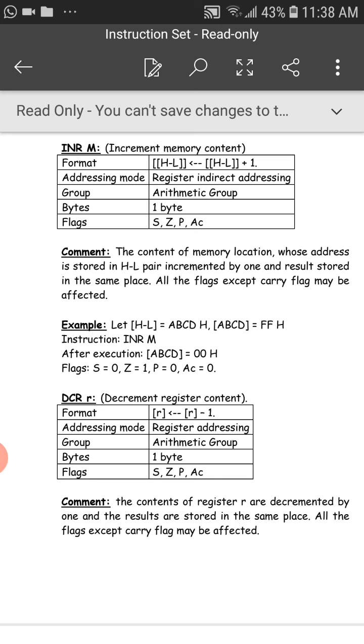This is an arithmetic group instruction. It is a 1 byte instruction and flags affected are sign flag, Z flag, parity flag and auxiliary carry flag. The content of the memory location whose address is stored in the HL pair is incremented by 1 and the result is stored in the same place. All flags except carry may be affected. It's the same as the previous, but here we increment the memory. So see the example.